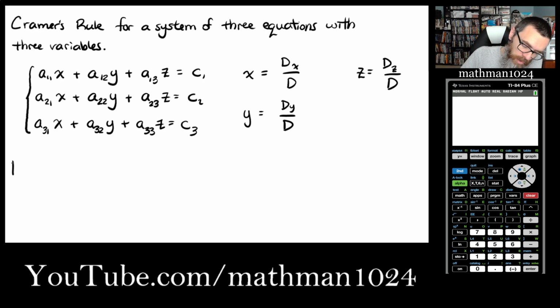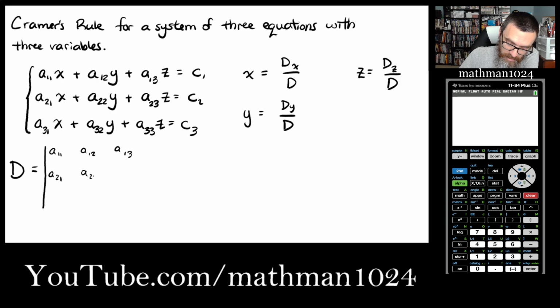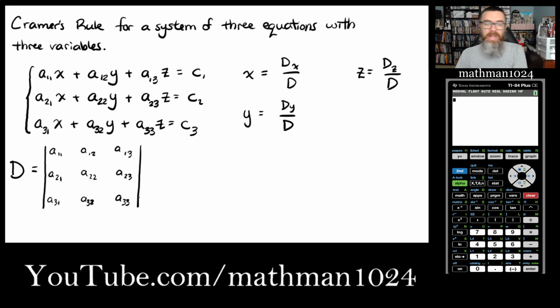So your main determinant is going to be the matrix formed by just taking these coefficients and converting them into entries. So something like this. It's a lot of stuff to write with all these subscripts, but there is your main determinant.